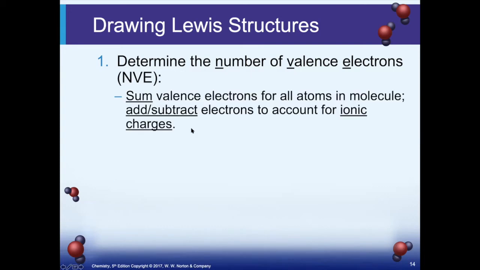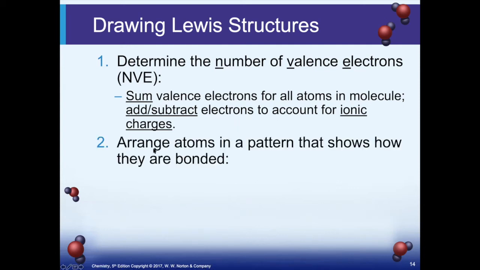So you sum the valence electrons for all the atoms in a molecule. But if you don't have a molecule, say you have an ion, like a polyatomic ion, then you have to add or subtract electrons to account for the ionic charge. So that's the first thing you do: sum valence electrons for all atoms in a molecule, add or subtract electrons to account for ionic charges.